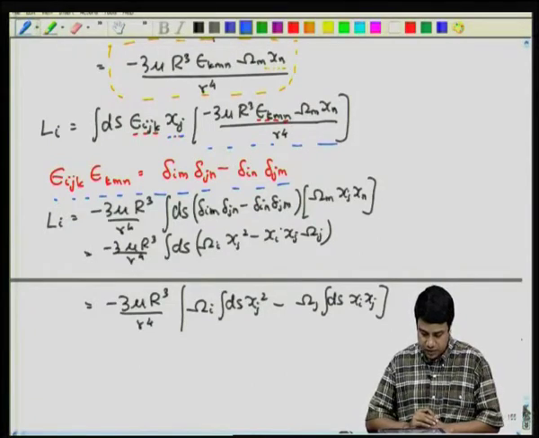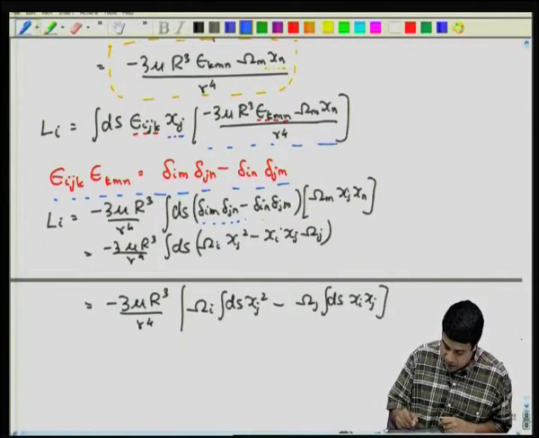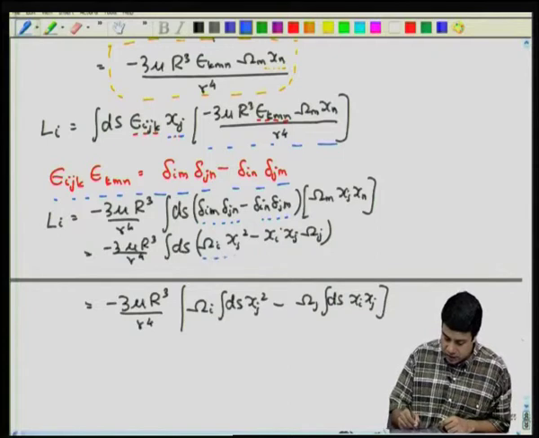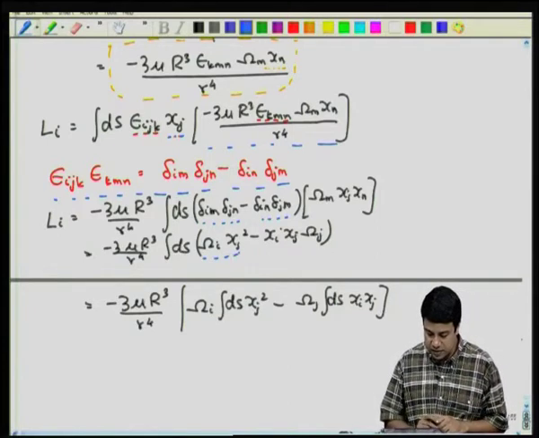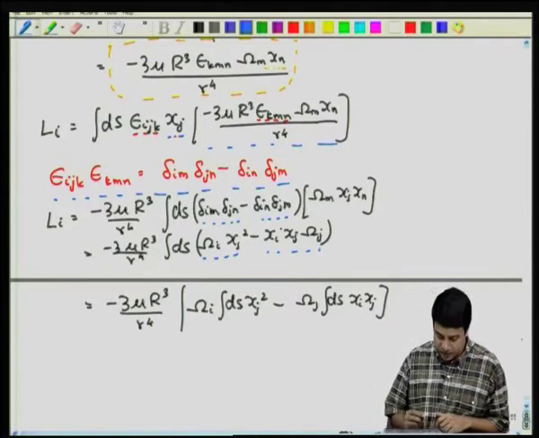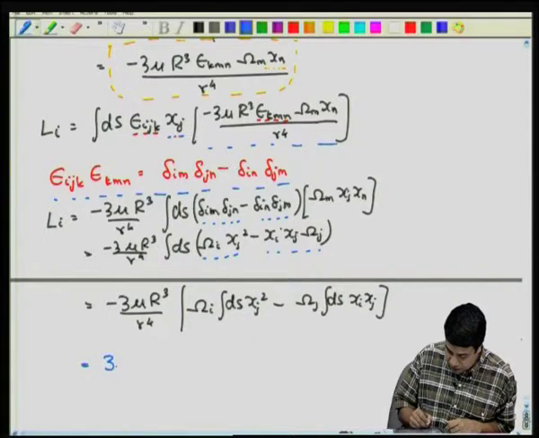So, when I expressed it in terms of delta i m, delta j n and delta i n, delta j m, I get one that is equal to omega i times x j square minus x i x j omega j. Let us just write this expression once again for clarity, minus 3 mu r cubed by r power 4.